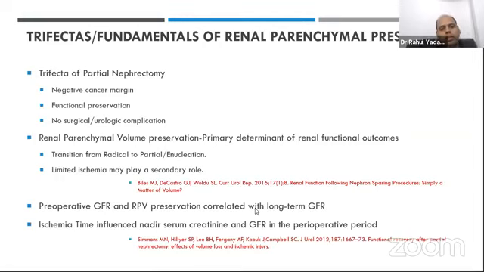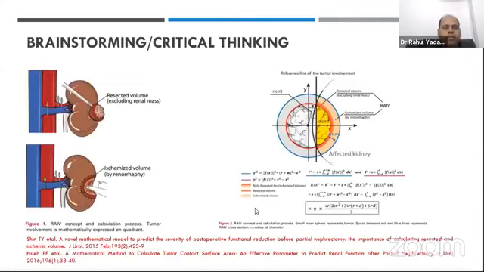We have seen over the years, from the era of radical nephrectomy for all RCC, to partial or enucleation, that limited ischemia usually plays a secondary role. Concerning long-term GFR, the pre-operative GFR and renal parenchymal preservation correlate well with the long-term GFR. Usually the ischemia time influences creatinine and GFR in the perioperative period.